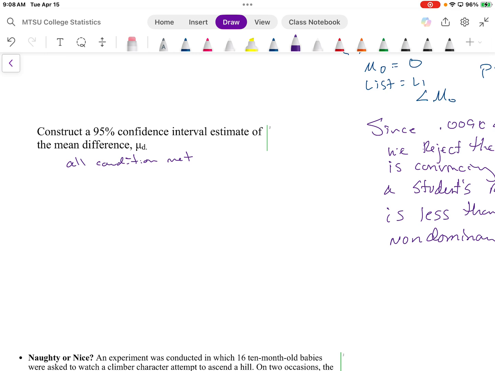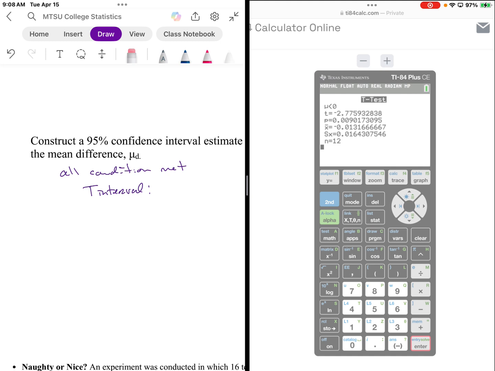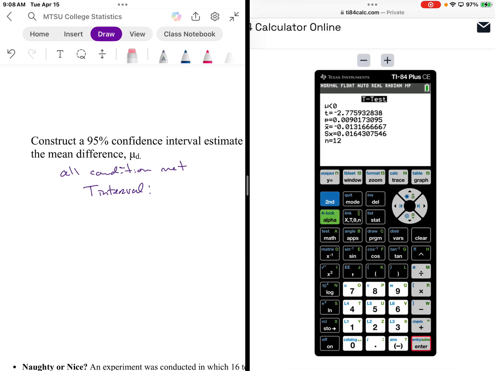So we're going to do a T interval. As I go back in, stat over to test, I'm going to do option number 8, T interval. Again, we're going to use data. We still have our data in there, so we're still going to use our data from L1.